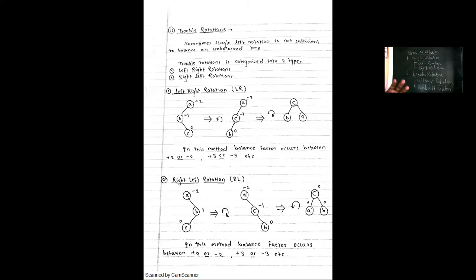Online students, is it visible to all? Yes, sir. Okay, good. Now, left-right rotation. How is it performed? Here, the simple tree we have considered. You can observe the cursor. This is the tree, right?